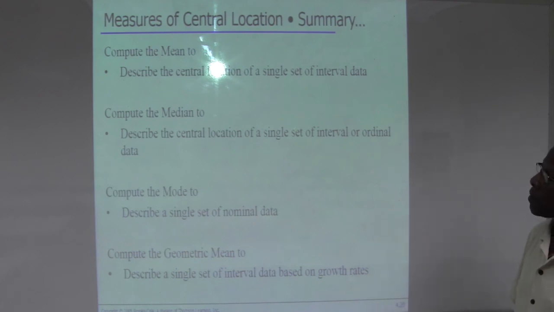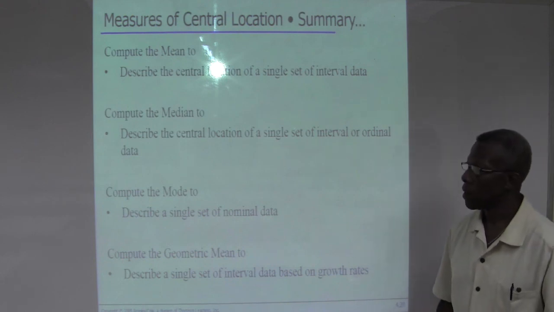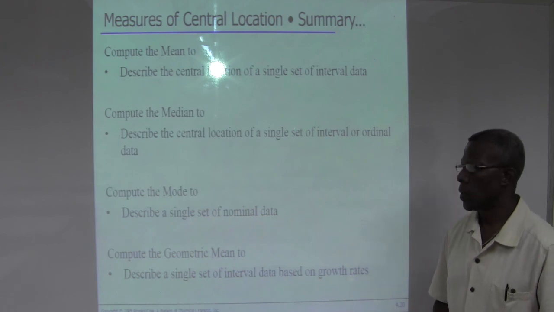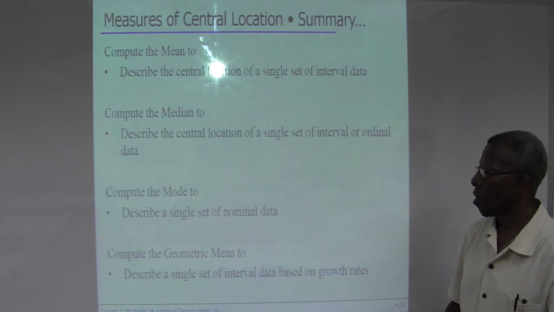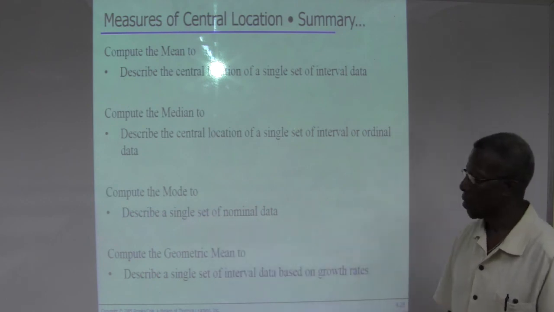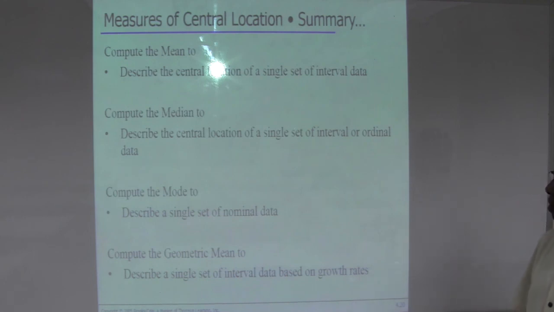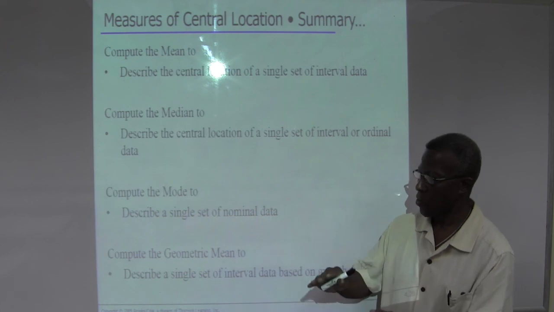And we compute the median to describe the central location of a single set of interval or ordinal data. We compute the mode when we are describing a single set of nominal data. Nominal data speak to categorical data, where the values of nominal data are the actual categories.